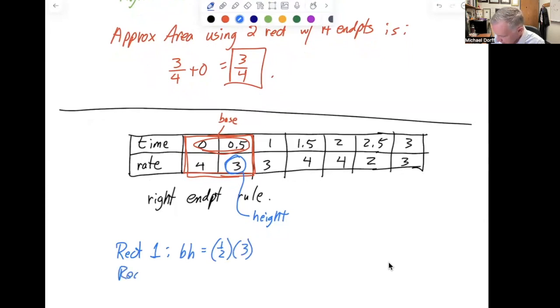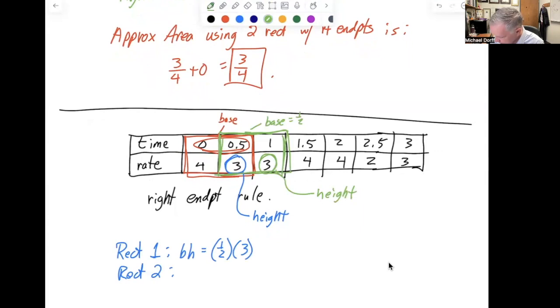For the second rectangle, I'm going to mark that in green. Its base is also a half, since I have 1 minus 0.5, and this is the height.